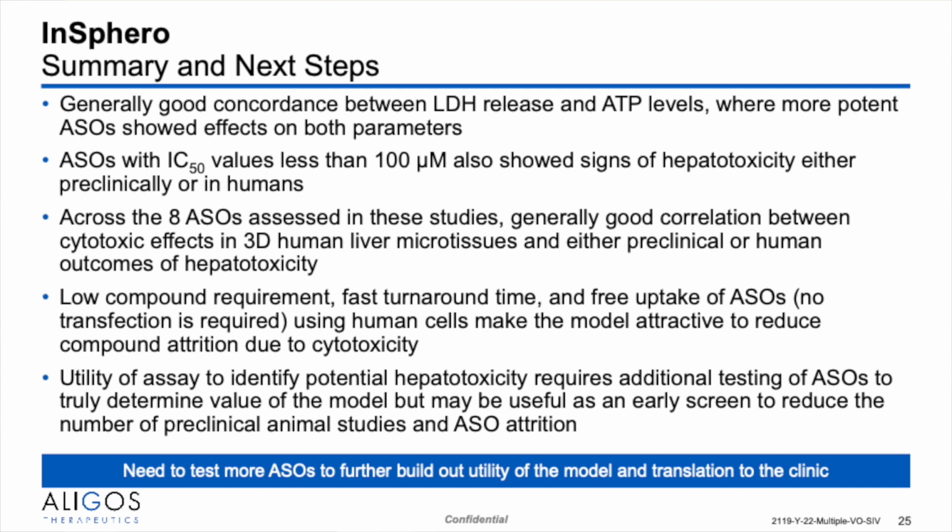Now, of course, this is still in the early stages, and we certainly need to do a lot more testing of ASOs to truly determine whether this is going to be a valuable model or not. But potentially, it could be used as an earlier screen to reduce the animal studies as well as attrition due to toxicity.